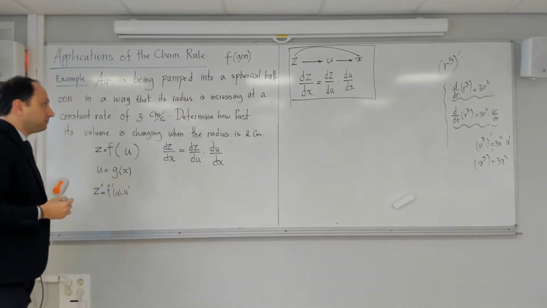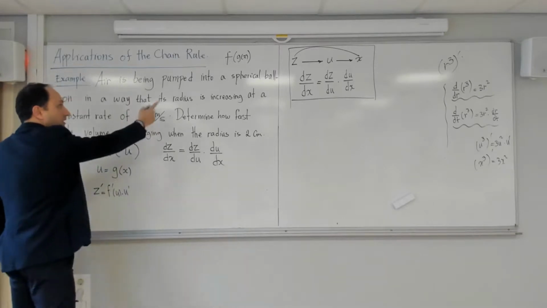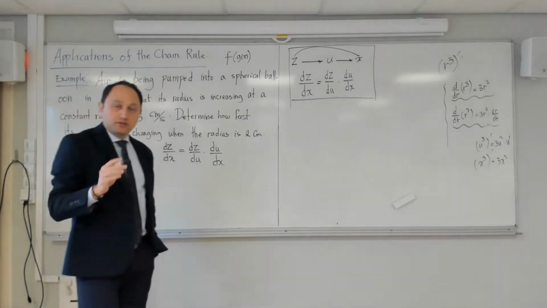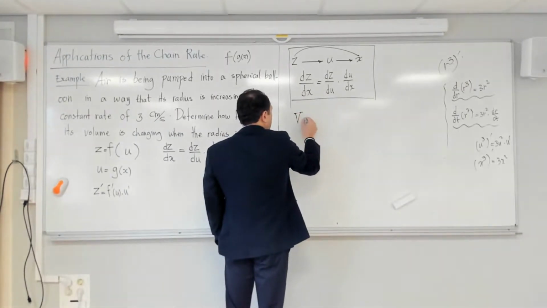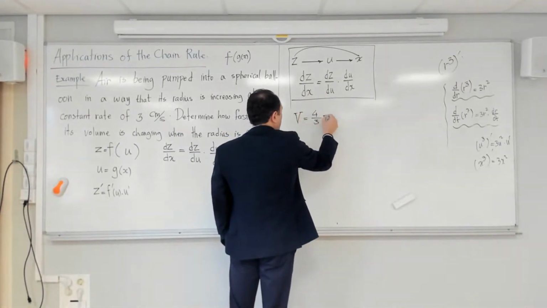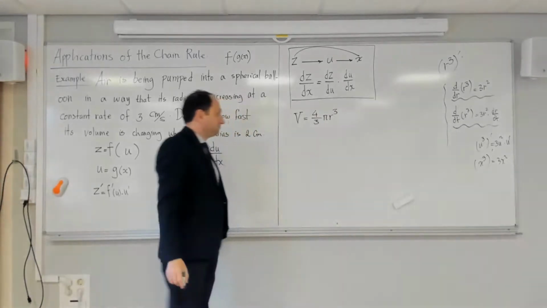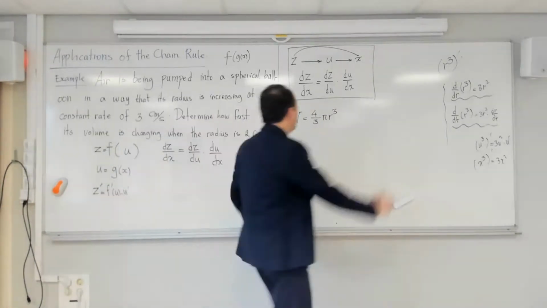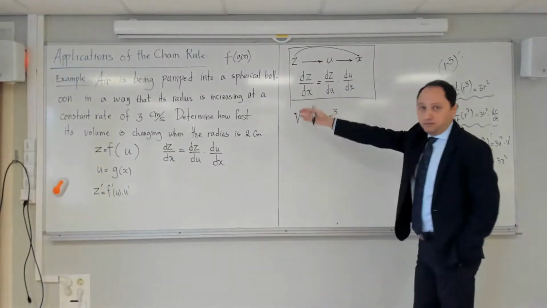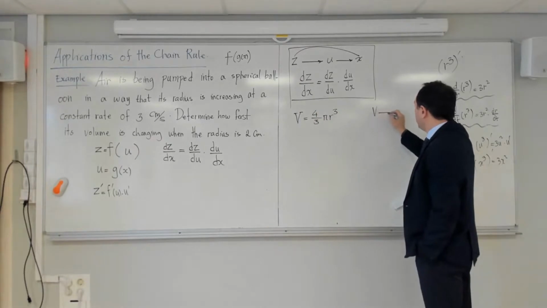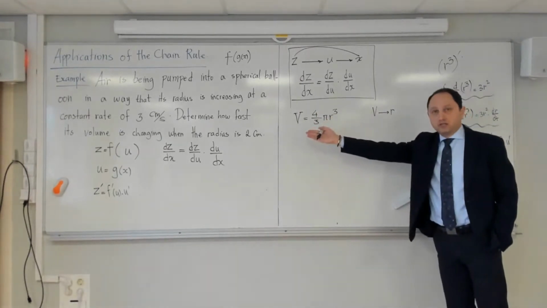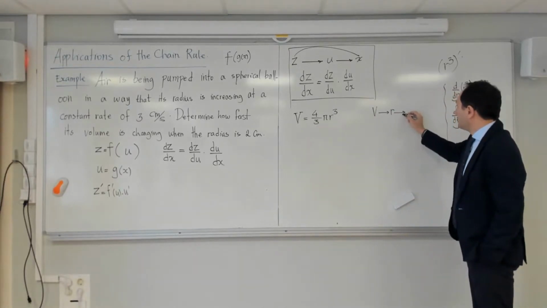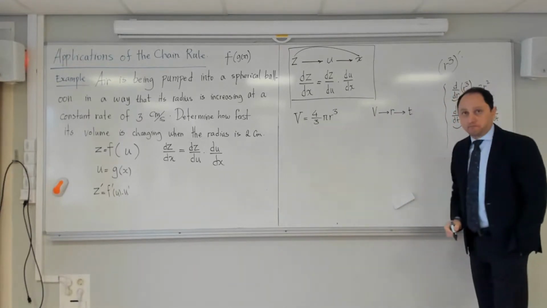Okay, so let me solve this problem now using this idea, much simpler. I would write that V is 4 over 3 pi R cubed. If I want to draw a diagram like this for this problem, I would say V depends directly on R. By reading this question, I understand that R itself depends on time.